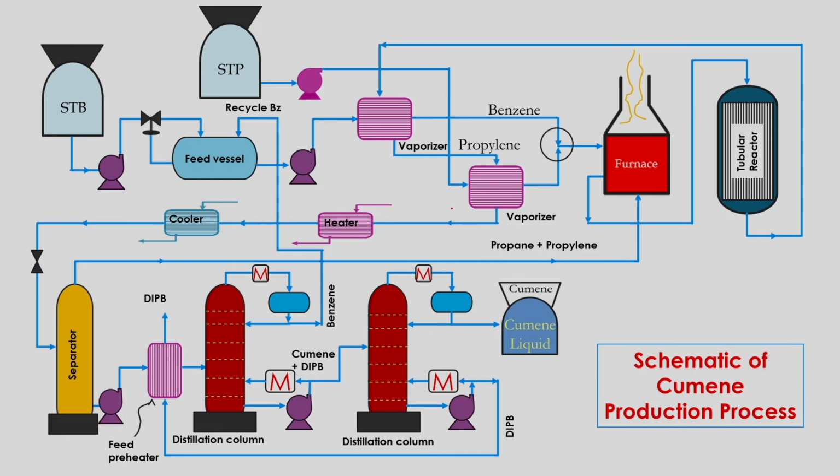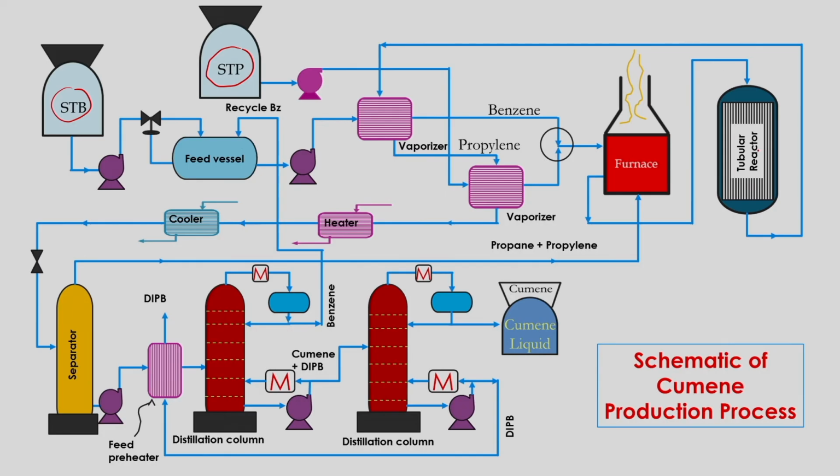Now in this case, the raw materials benzene and propylene are coming from the storage tank, and after heating up by a vaporizer, they are mixed and then heated again in a furnace to raise the temperature to around 350 degrees Celsius for the reaction in the tubular reactor.